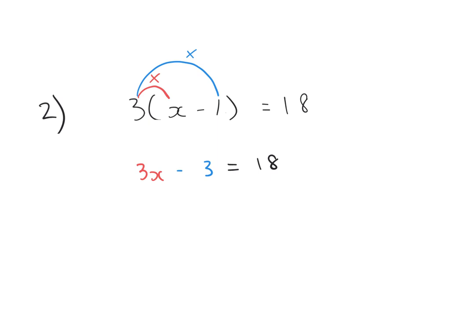Only x is on this side, so that middle step is going to be a 3x equals. Final step will be an x equals. Just planning ahead. We're going to get rid of that minus 3 by plusing 3. Now that's gone, and we get 21. And now we need to divide by 3.